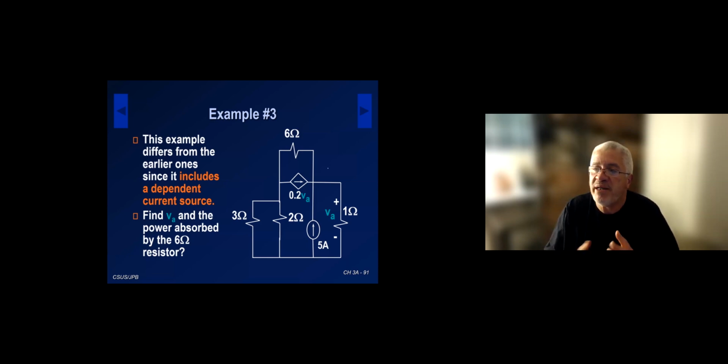Now, remember, a dependent source can depend on voltage, current, or a combination of voltage and current. In this particular case, you have a current source, so it puts out some amperage, but the amount of current it puts out, and that's given to you in the problem statement, is 0.2 times the voltage VA, which is a voltage essentially between the one. That's a given statement in the problem statement.